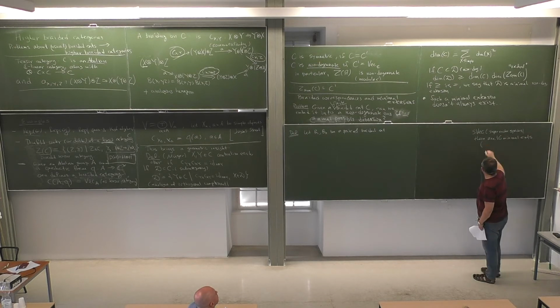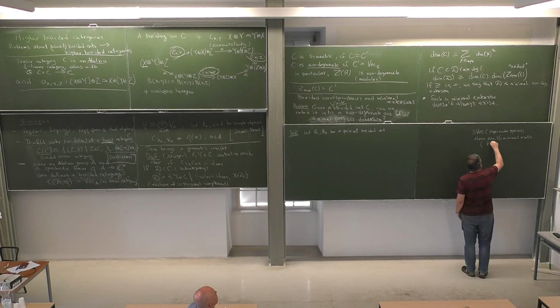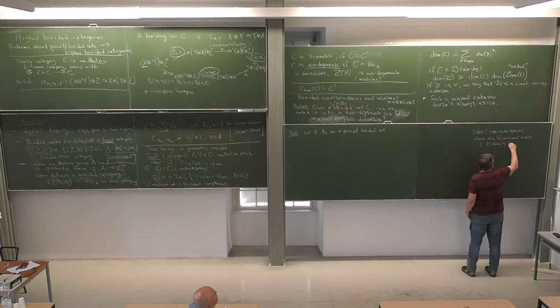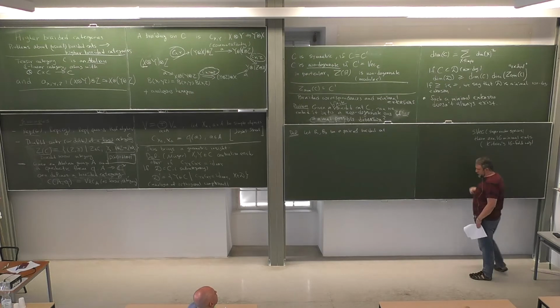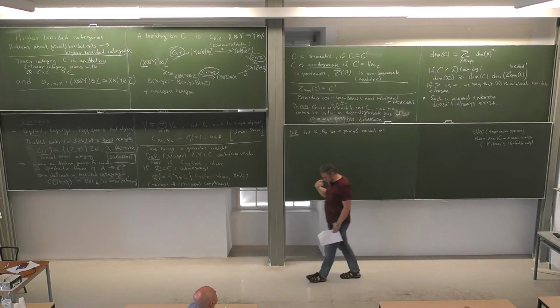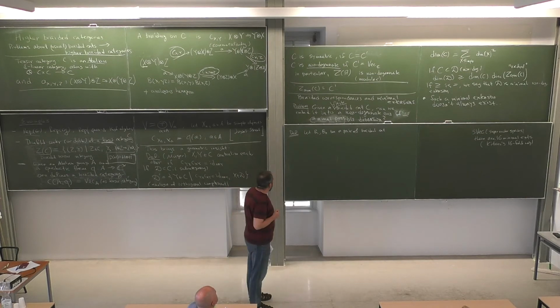And this is a very celebrated thing in physics. It's called Kitaev's 16-fold way. People who do topological phases of matter say these things all the time. Okay, so let me continue my definition.